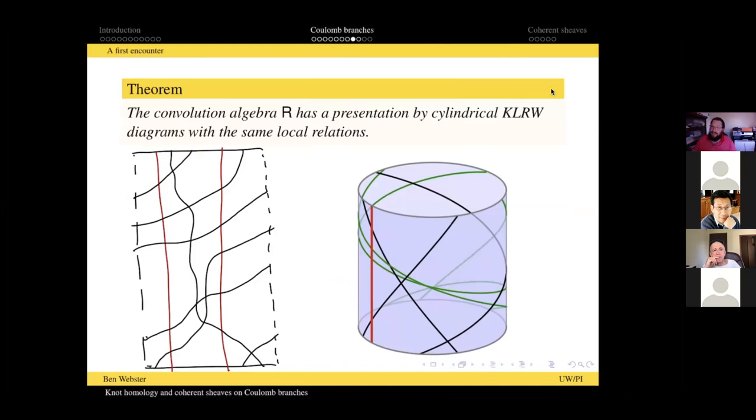If you have a representation of this algebra, and let's say a finite dimensional one, then for each place you put the black dots on the circle, you get an item. So let me add a page. I have my circle, and I have red dots which are in a fixed position, and black dots which I'm allowing to move around.